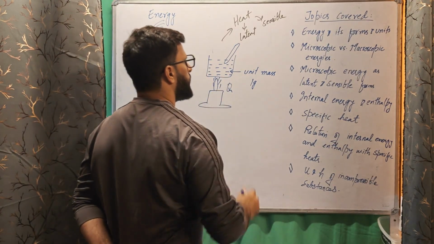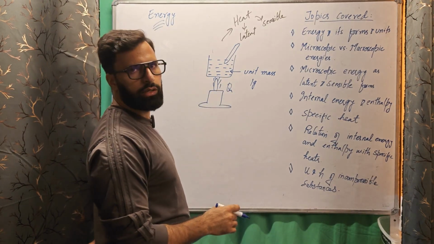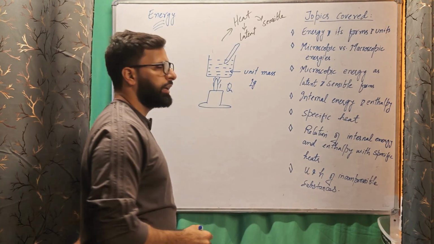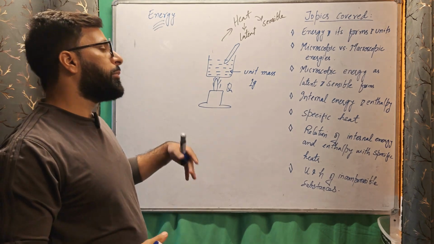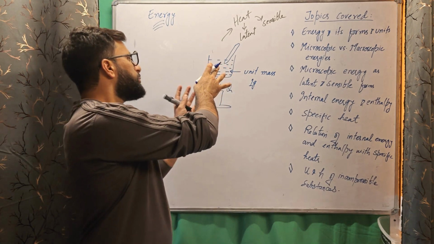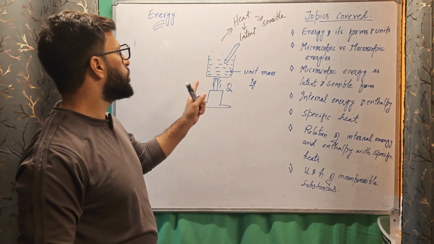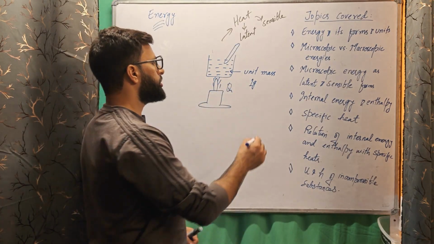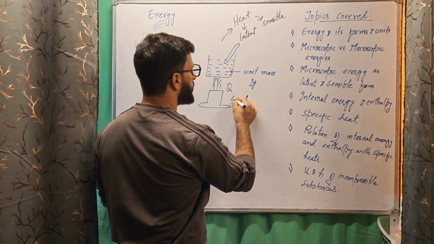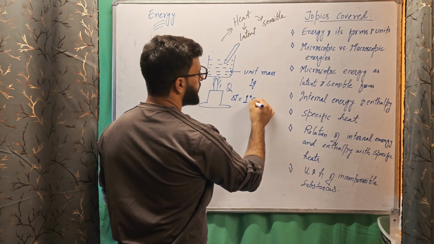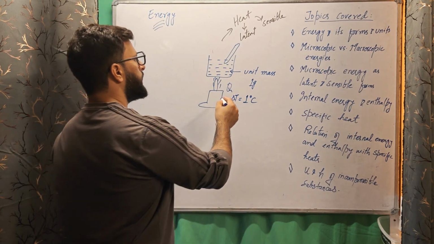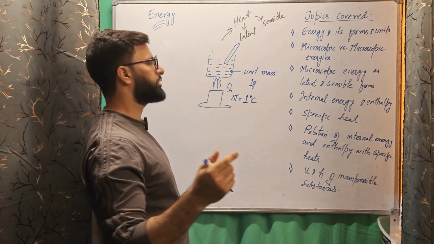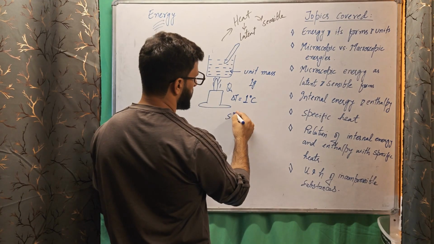Suppose we take 1 gram of water or any substance, we heat it, and the amount of heat that is absorbed so that the temperature of this unit mass of substance changes by 1 degree Celsius is known as specific heat.